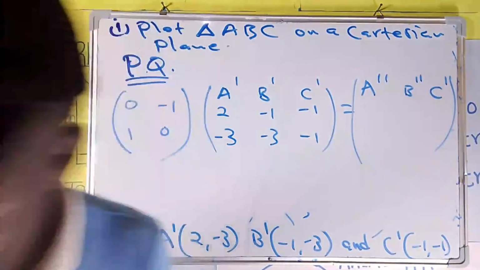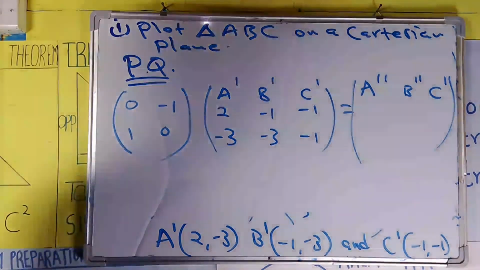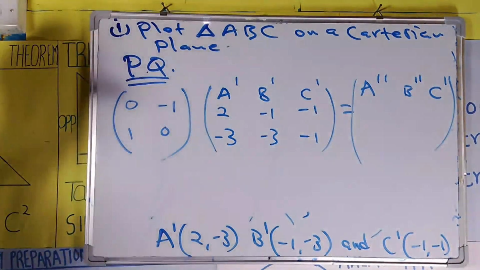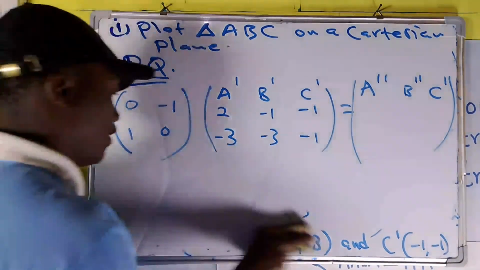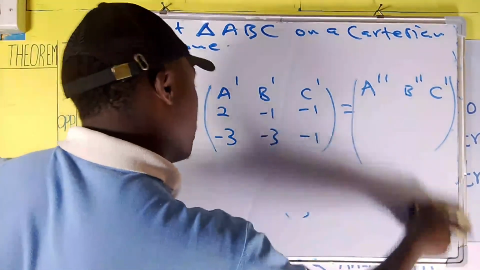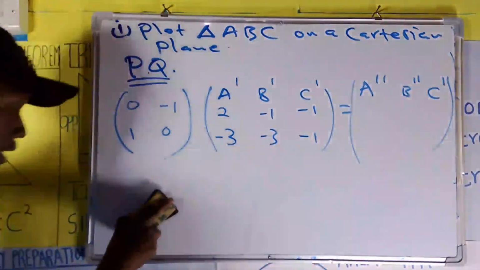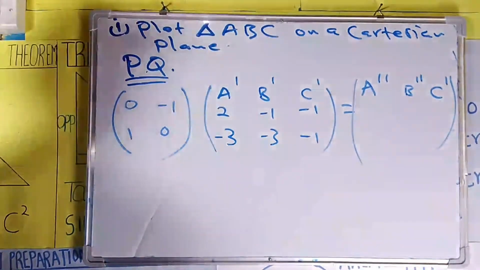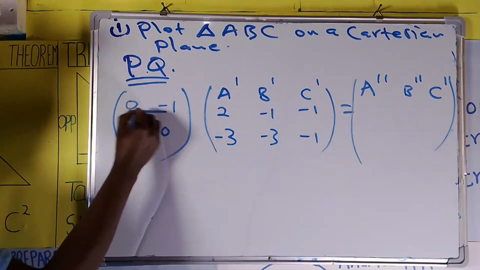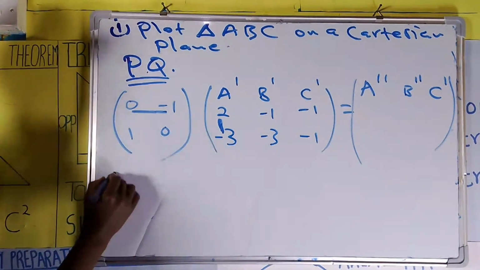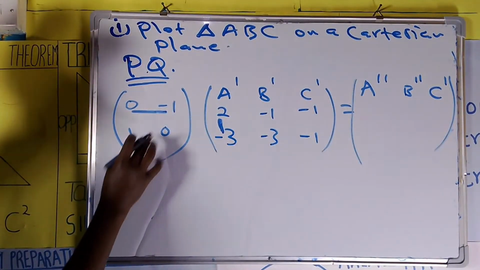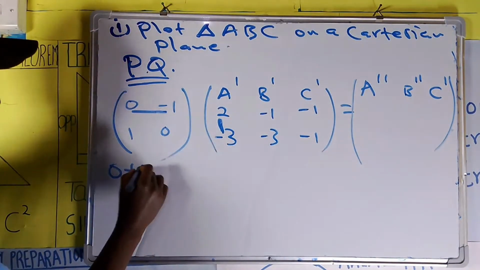So what we are now going to do is that, just as normal, as we have worked out the coordinates of the first image, is how we are going to work out the coordinates of the second image. So we said that we take the first row and the first column. So 0 times 2 is 0, plus -1 times -3 is 3.